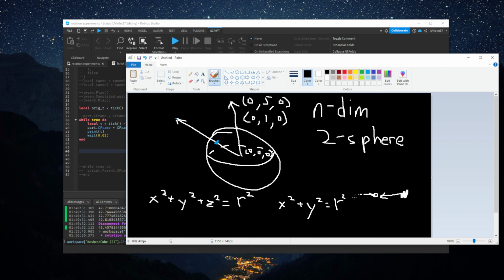Anyway. All right, so we have the general formula for a sphere that's naturally embedded in 3 dimensions, and here's for 2 dimensions.